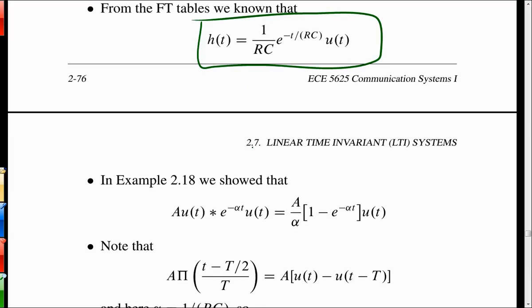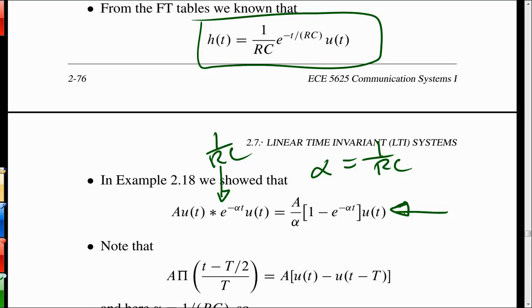In this case, another way that can get you there, though, is the problem that I worked earlier. The example was this guy right here. And all I have to do to make this one match up is put in a scale factor. Basically, I have to let alpha equal 1 over RC, and then I have to also drop in a scale factor 1 over RC up front.